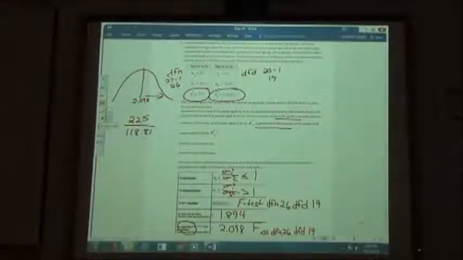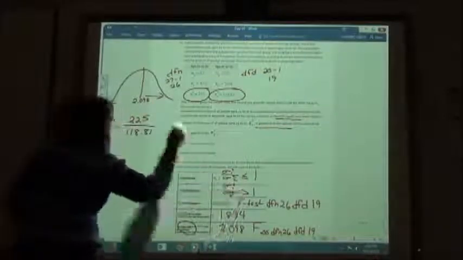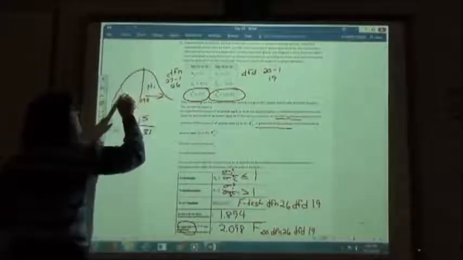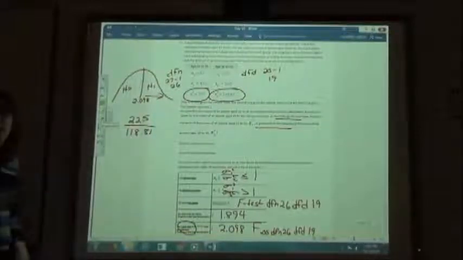We want to check where that test value falls. Again, the greater than is my H1, the less than or equal to is my H0, my null. So, does 1.894 fall less than or greater than my 2.098?